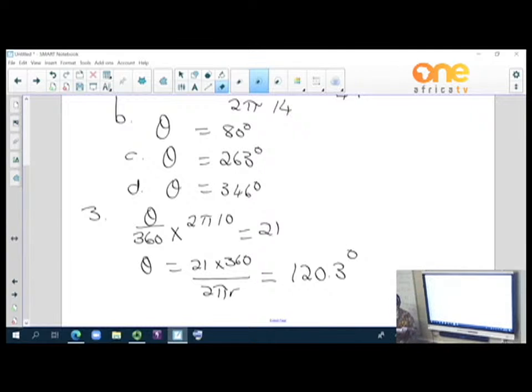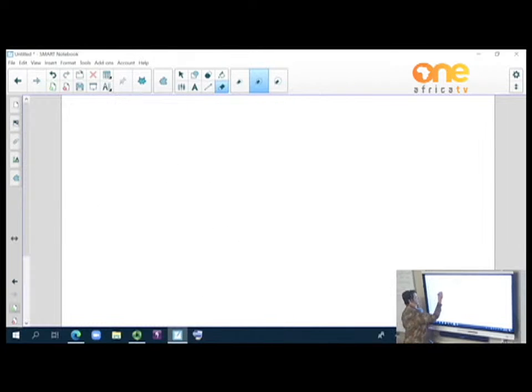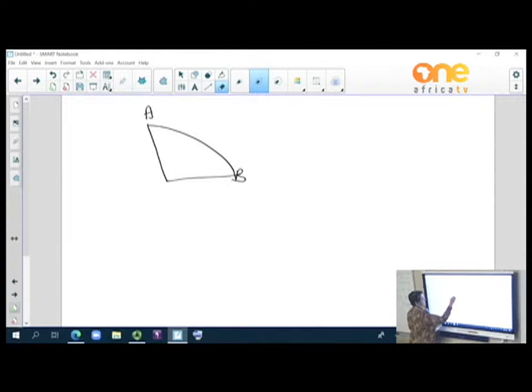Yes. Let's just look at that one. Now you have to find the length of the chord AB. Let me just draw that picture there. Okay, what is the chord AB? It's a straight line, isn't it?